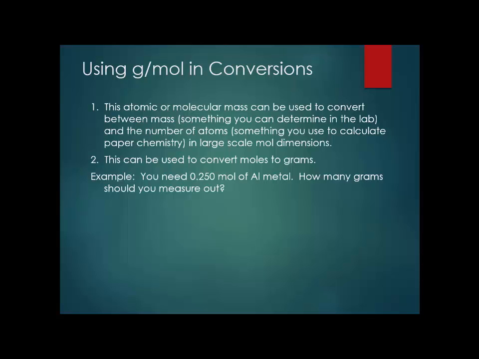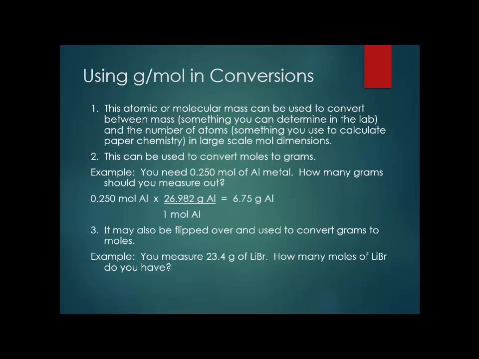So let's say we had a 1/4 mole of aluminum metal. How many grams would we want to measure out if we wanted that amount of aluminum? So we could take our 0.25 moles, that's what we want. We use the conversion from the periodic table that 26.982 grams of aluminum is equal to 1 mole of aluminum.